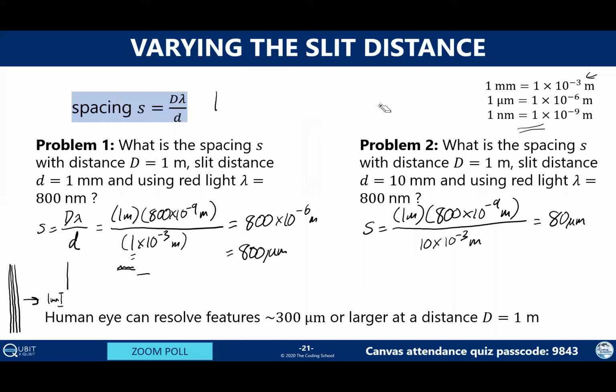So we see that difference here: if you're using red light and a slit distance of 1 millimeter, the distance between the bright and dark patches is larger than our magic 300 micrometer number, and you would be able to see a definite repetition between light and dark patches. But if your slits were 10 millimeters apart, you would no longer be able to see the interference pattern because the spacing between them would be too small.